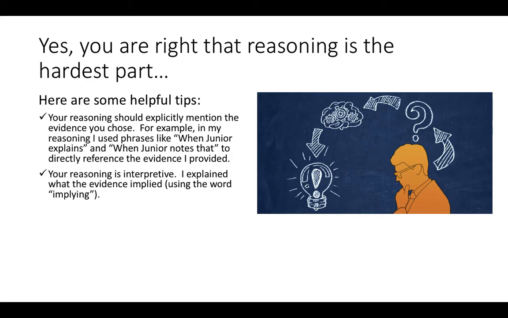Your reasoning is interpretive. I explained what the evidence implied using the word implying. You are explaining what is implied, and you are interpreting what the green evidence implies and how it implies the red claim. I connected the implied meaning of the evidence to my answer.